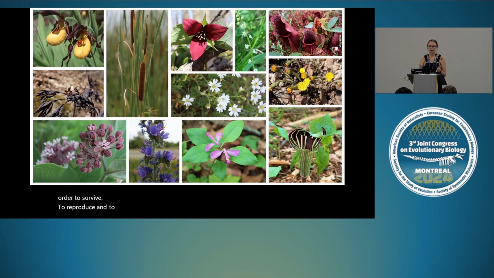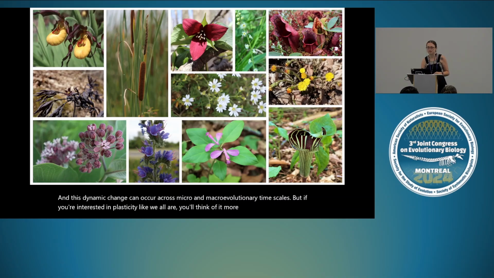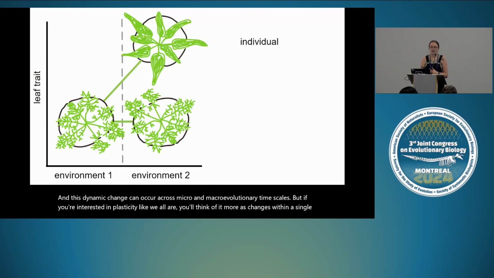And this dynamic change can occur across micro and macro evolutionary timescales. But if you're interested in plasticity, like we all are, you'll think of it more as changes within a single generation. So phenotypic plasticity is a strategy that allows organisms or genotypes to respond adaptively or non-adaptively to varying environments.